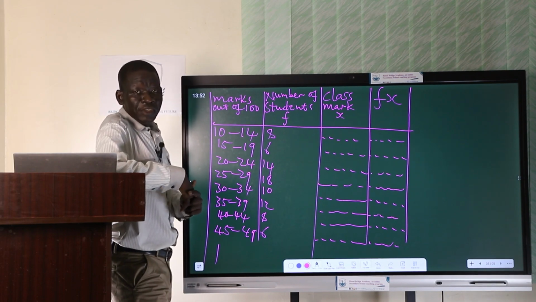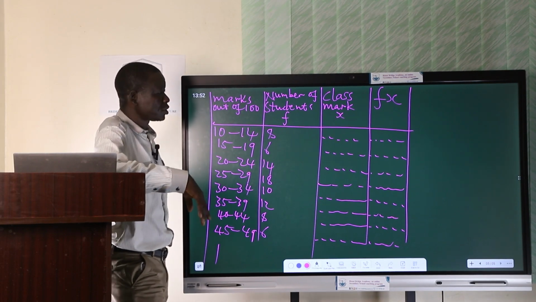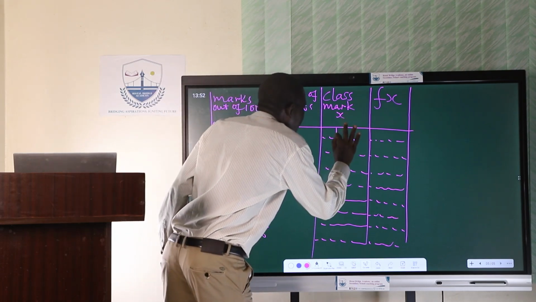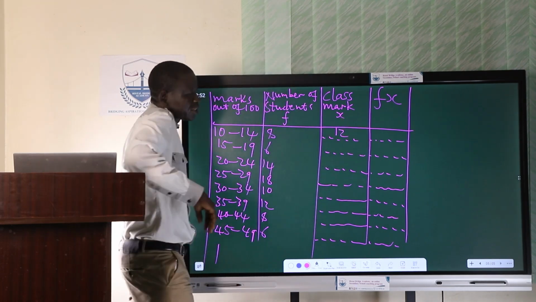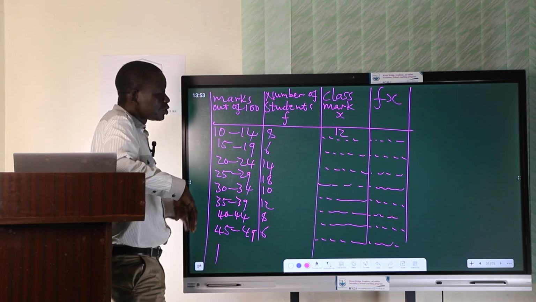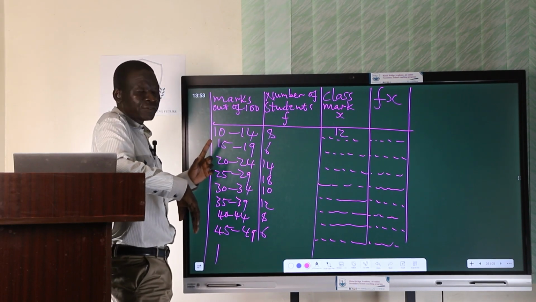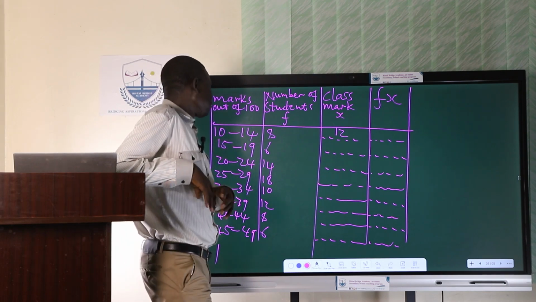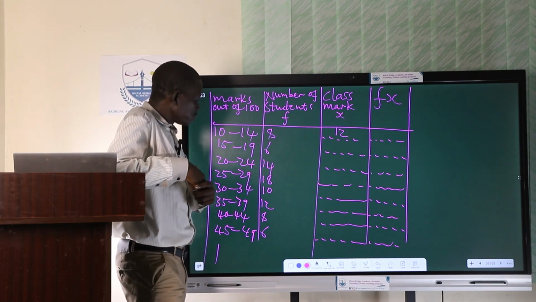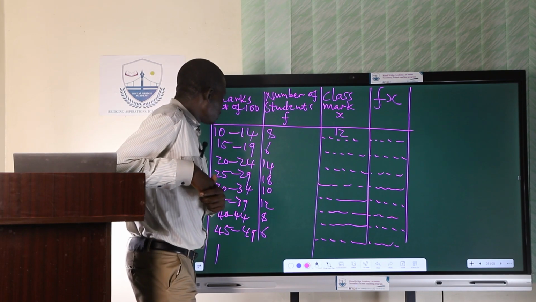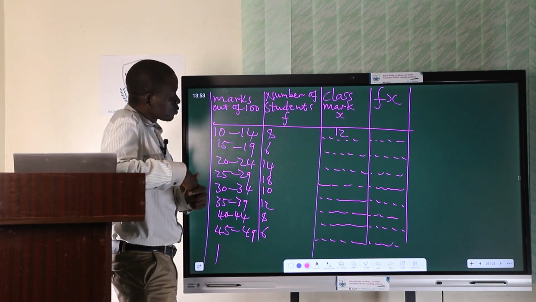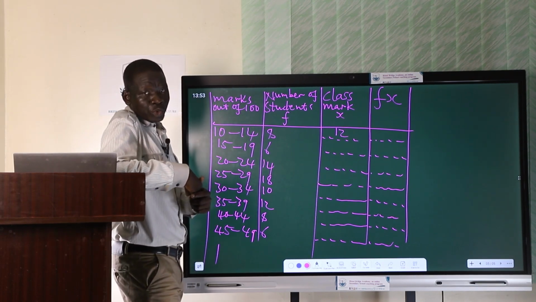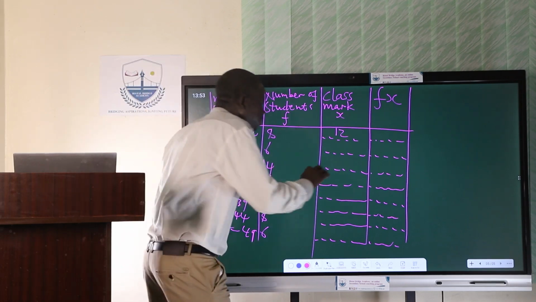And 24 divided by 2, we get 12. So we write 12 here. That is the first class mark value. To get the second class mark value, we add 15 to 19. 15 plus 19, we find that we get 34. And 34 divided by 2, we get 17.